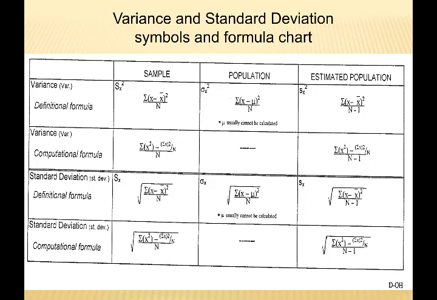So here's a page summarizing all the different variations, the definitional formula and the computational formula for the sample, which is the first column, and for the population, the second column, which for the most part we can't calculate. And for the estimated population, these added -1 features are on the same formulas that you've seen in the first column under sample.